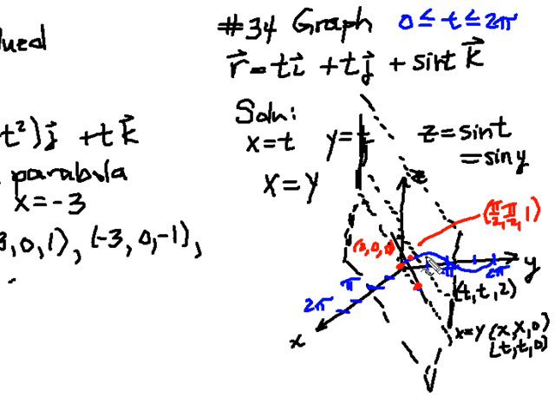So this would be at 3 pi over 2, 3 pi over 2, which is along this x equals y plane, but then we're going down 1. So the valley of this graph is going to go down like this. And then at 2 pi, 0, we're back up to the xy plane. So this sine curve is coming towards us at an angle.